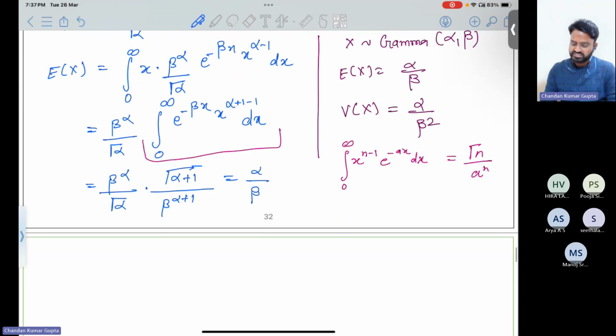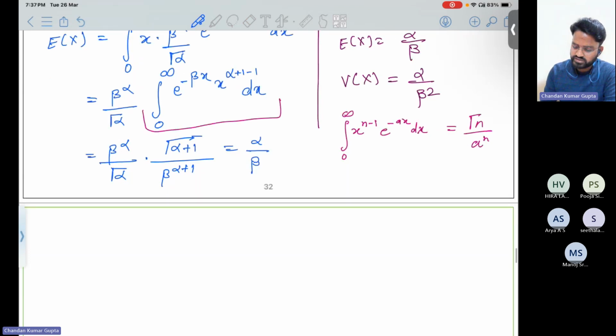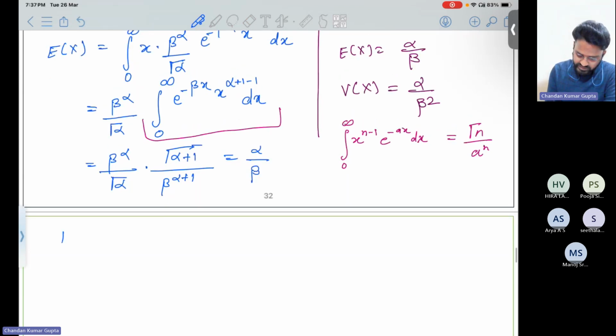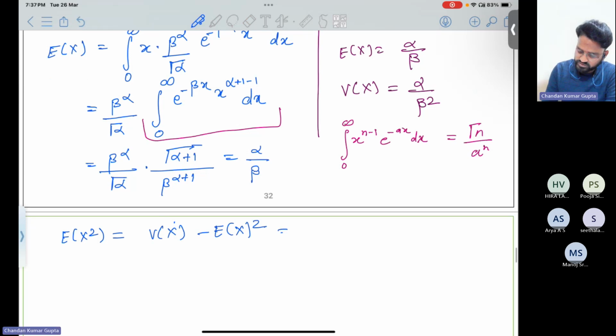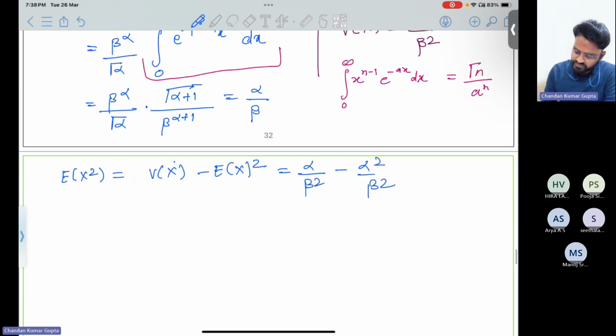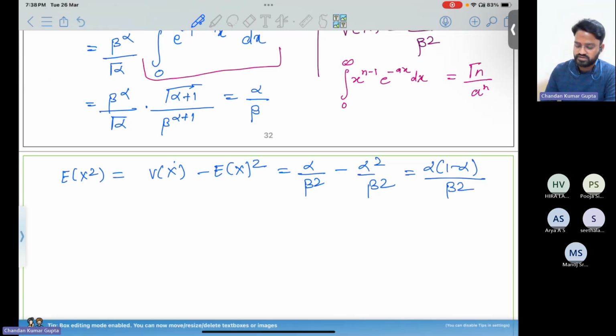In a similar manner, we can calculate expectation of x square, and then variance of x. So we may directly use expectation of x square equal to variance of x plus expectation of x whole square, which is alpha upon beta square plus alpha square upon beta square, which is alpha times 1 plus alpha upon beta square.